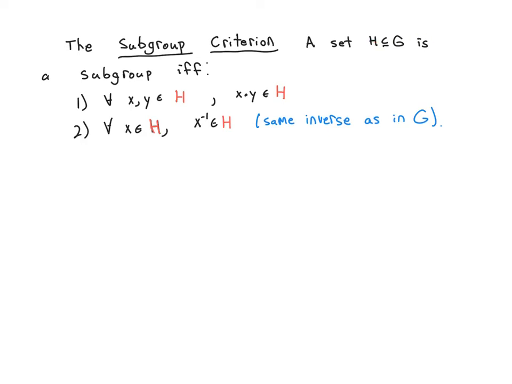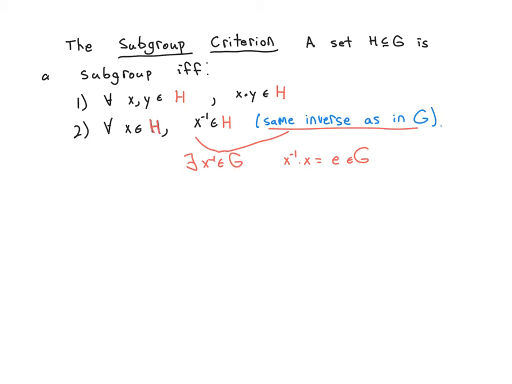So a set H is a subgroup if and only if for every pair of elements x and y in H, x times y is an element of H, and the second part, which is more important, for every x in H, x inverse is in H. It's worth pointing out this x inverse is the same inverse that you get in G. My point is, since G is a group, there exists an x inverse in G, such that x inverse times x is the identity element in G. And what this is stating is that this same x inverse from the larger group is actually in this subset.